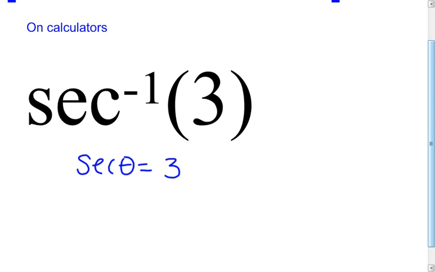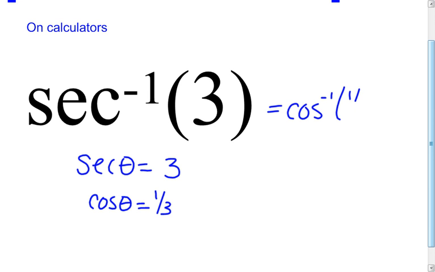Not 1 over cosine. I have to get it into cosine. So the reciprocal of secant is cosine, and the reciprocal of 3 is 1/3. And so figuring out where secant inverse of 3 is the same as figuring out cosine inverse of 1/3. And that's how you have to enter it into your calculator, or you're going to get an error.